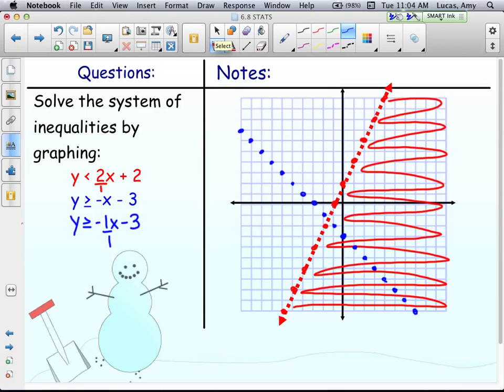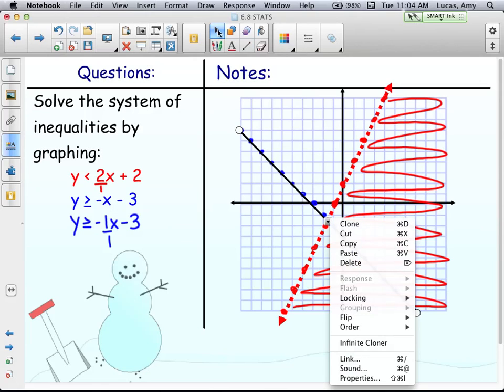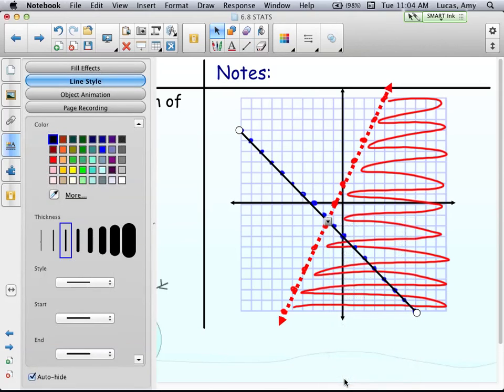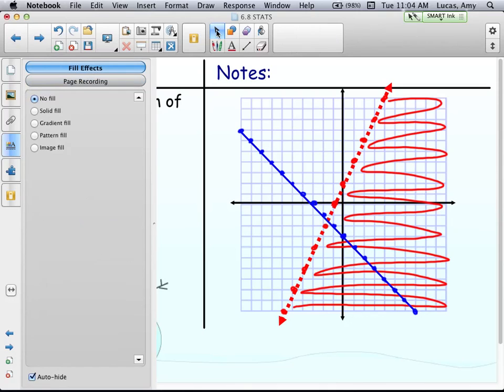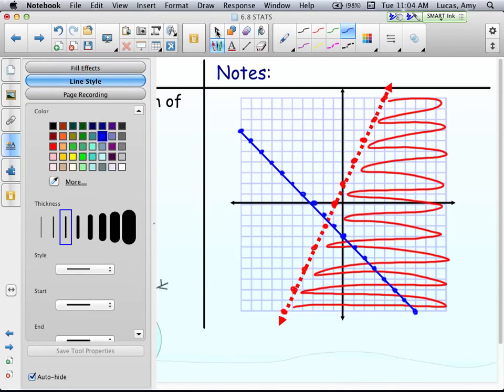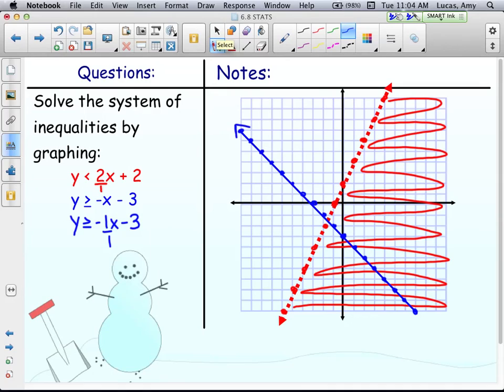This is going to have a solid line because it is greater than or equal to, and greater than or equal to would be shaded above.